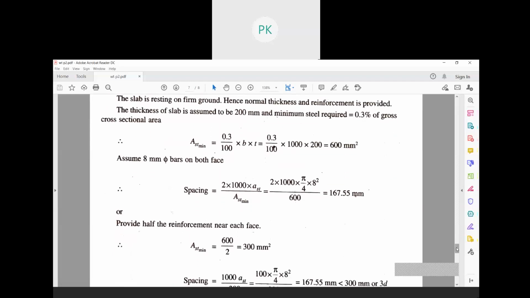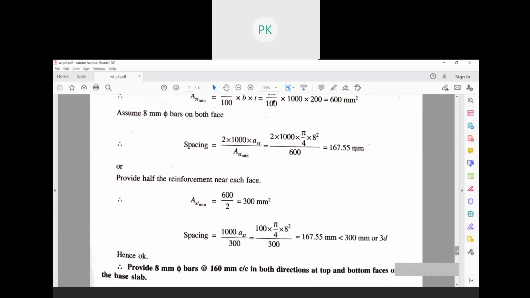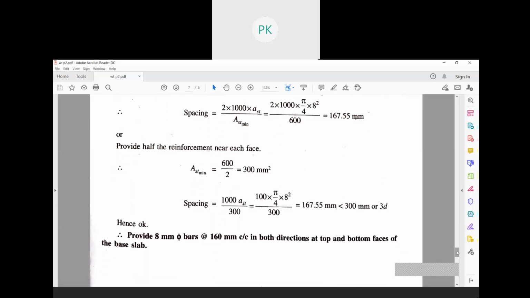Next, if we assume 8 mm dia bars for the reinforcement of the bottom slab, we will get the spacing as 160 mm, or we can also provide reinforcement on each face. So if I divide the AST minimum by 2, I will get 300 mm square. For 300 mm square, I will get spacing as 160 mm center to center.